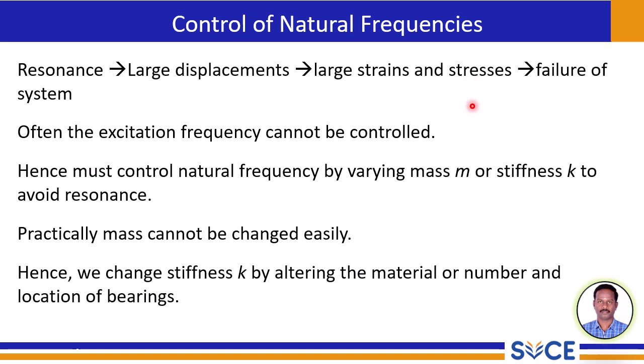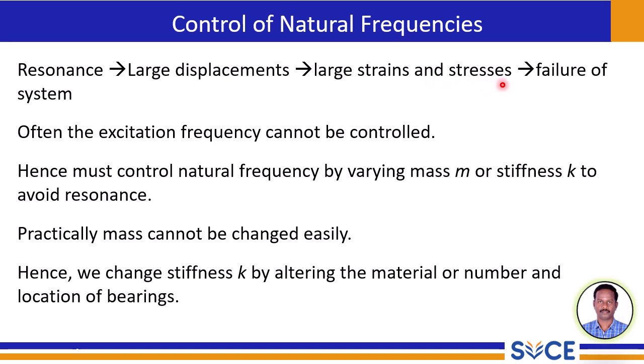As we discussed, the primary motivation behind control of natural frequencies is to avoid the phenomenon of resonance. Here, we are clearly illustrating the detrimental consequences of resonance. When a system experiences resonance, it leads to large displacements, which in turn generate large strains and stresses within the material itself.